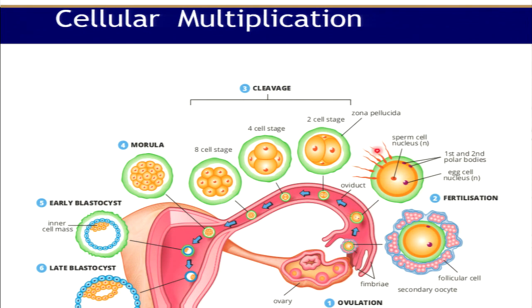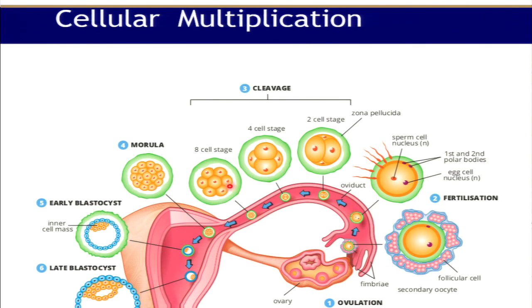A few hours after fertilization, the fertilized ovum, which is now called a zygote, divides into two. As they are dividing, they are also finding their way towards the uterus. A few hours later, it becomes 4.